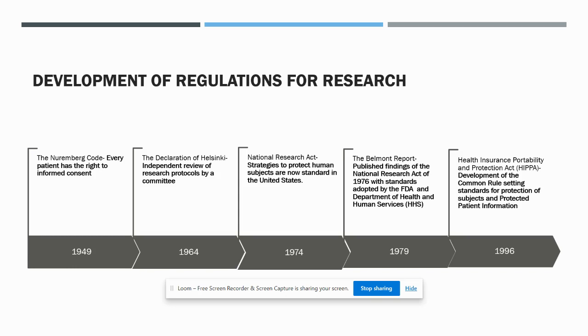And then one that we're the most familiar with up to today, as many of you are aware, is probably from maybe within a few years of most of you being born, the Health Insurance Portability and Protection Act. So this essentially developed a common rule for the protection of subjects and protected patient information, which essentially helped to ensure subjects' anonymity when participating in a study.